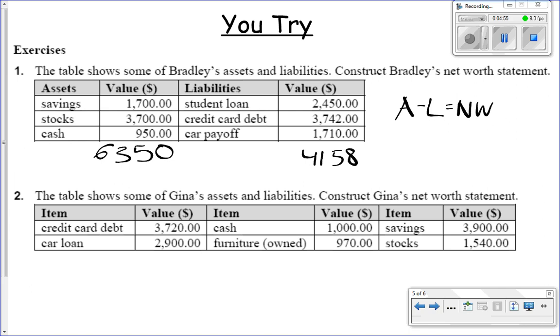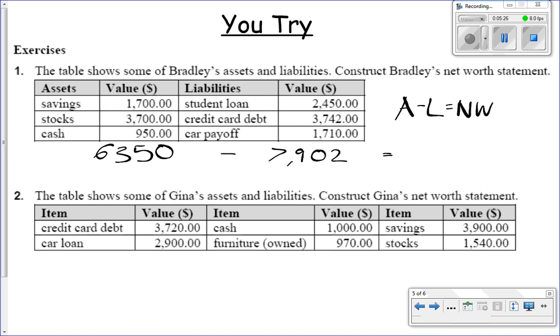Wait, how'd you get that? And you got 41,000? Because there's 3,7,900. You may have added an extra 0 somewhere. Oh. Lovely. Total value of the liabilities.